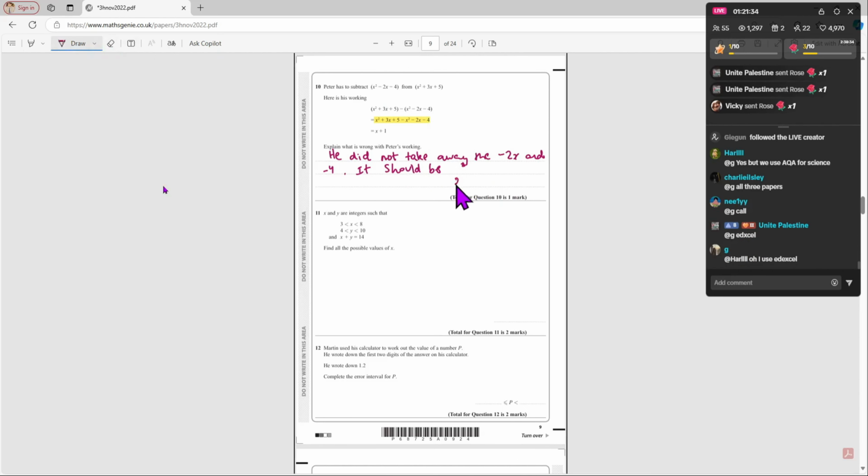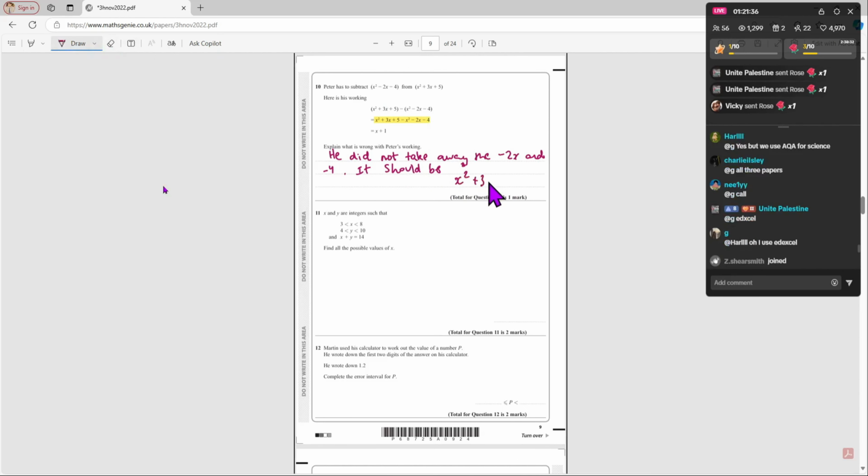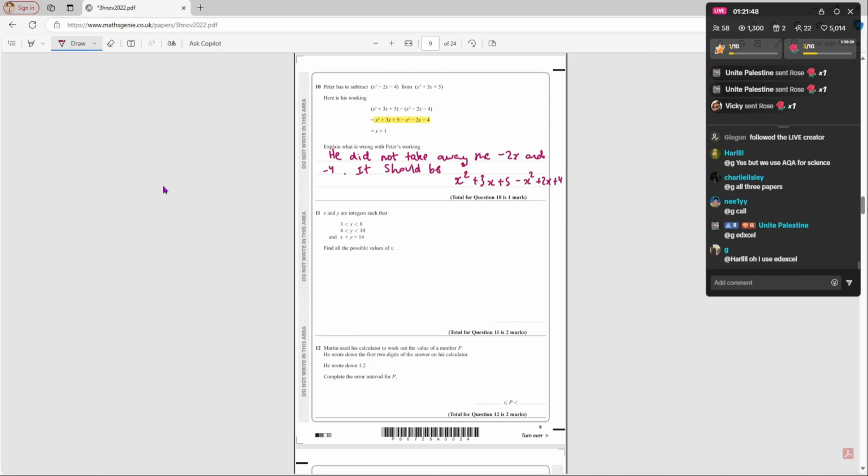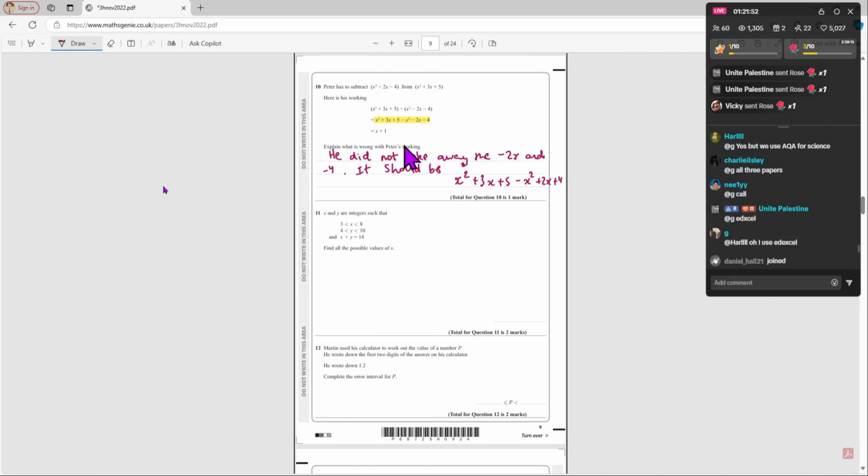The answer should be x squared plus 3x plus 5 minus x squared plus 3x plus 2x minus plus 4. Okay, that's going to be our correct form because he wrote negative and negative here. It's not supposed to be a negative, it's supposed to be a plus.